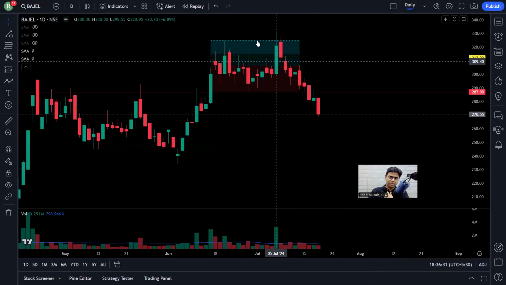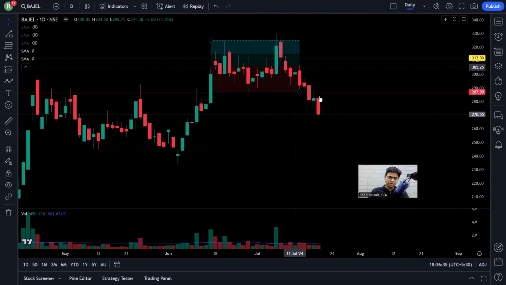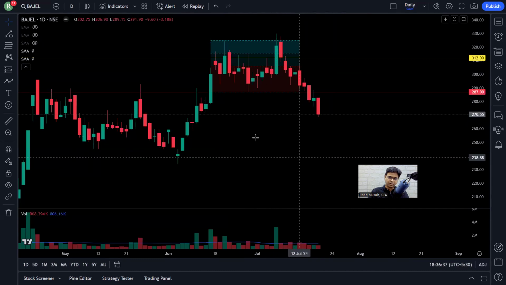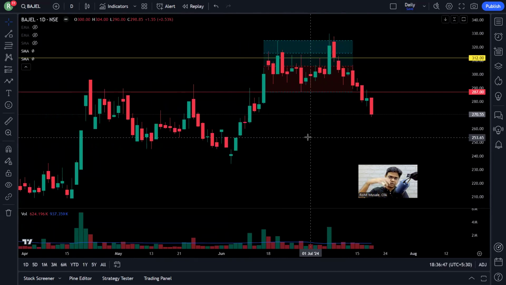So the high of the base itself became resistance, and the stock collapsed from there. So these are things that will happen. We are professional traders. We have to book losses sometimes, and we book profit on other trades to compensate for loss on such trades. So this is that concept of reward to risk, and I hope you learned from this.